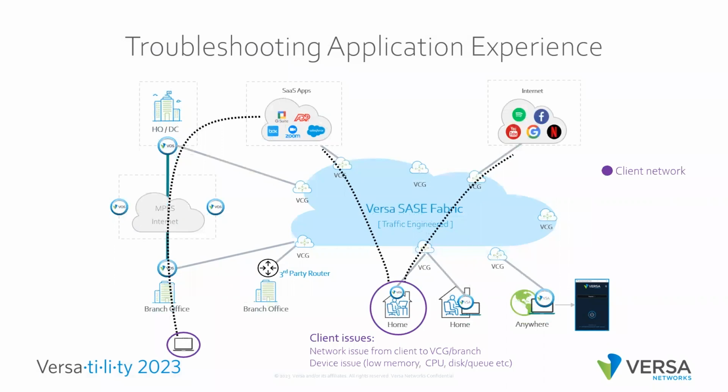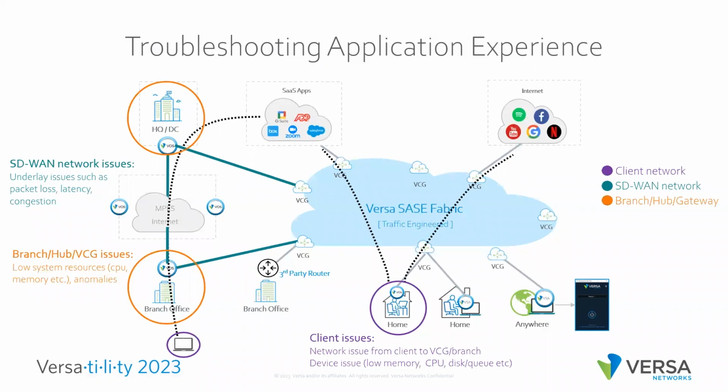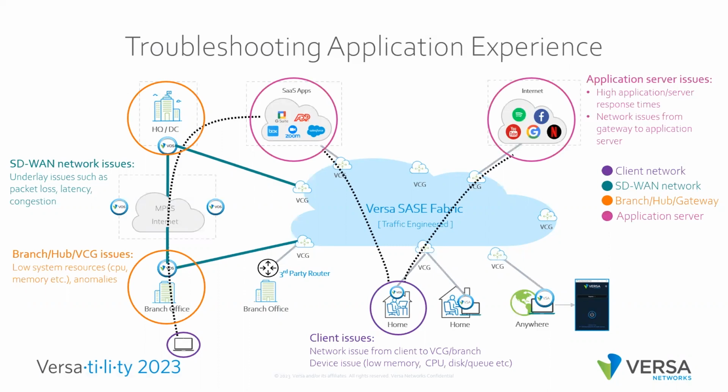The problem could be at his client network due to network issues from the client to the gateway, or it could be his device due to high CPU, memory, disk, queue, etc. It could be on the SD-WAN overlay due to some underlay issues of packet loss, latency, congestion, etc. It could be on the branch or the hub devices because of low resources, overload on these systems, or various anomalies, or it could be on the application server due to high application response time.